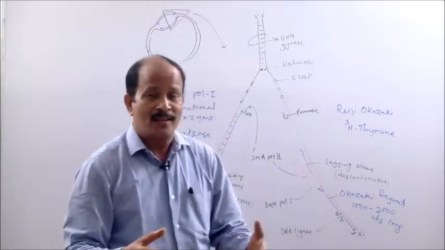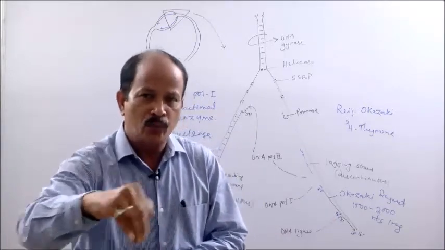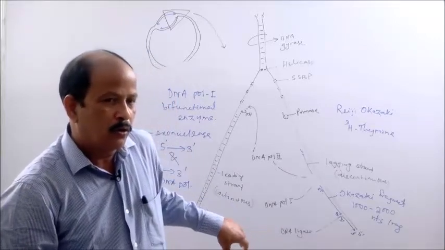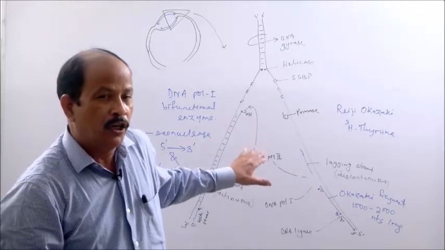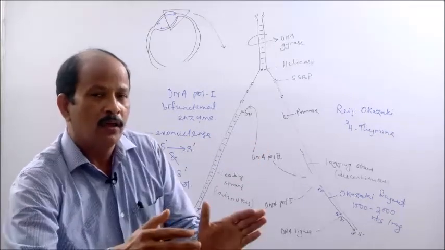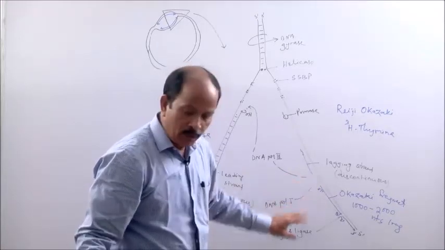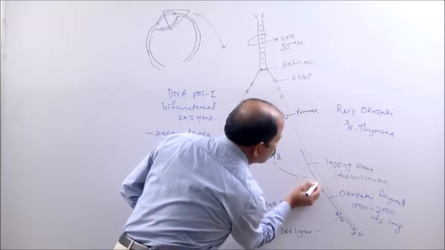So because of its bifunctional nature, the RNA is removed, and side by side the previous DNA is extended so that the gap is filled up. Gap is filled in. Ultimately, this comes to this.